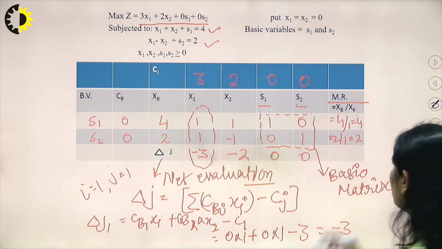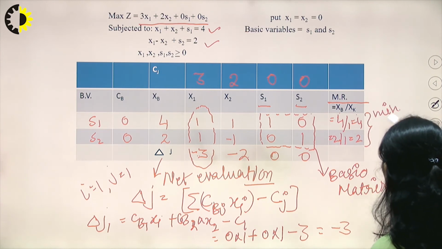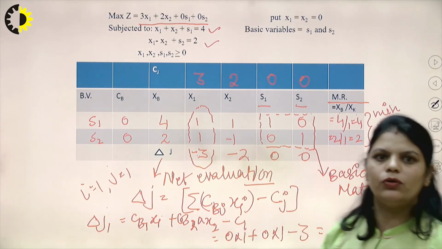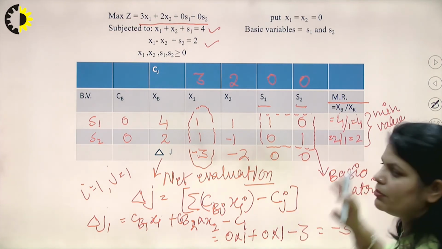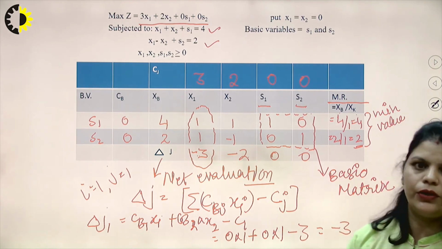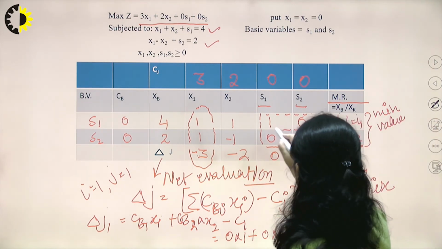Clear? Now we will select the minimum value here. If any negative value comes here, then we will avoid this negative value. We have to select the minimum positive value here. We can see that the minimum positive value is 2. So the row against this will become the key row.